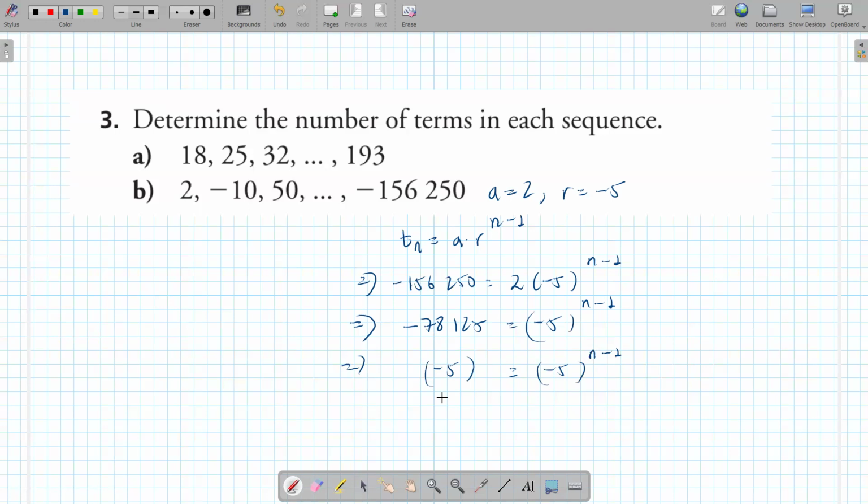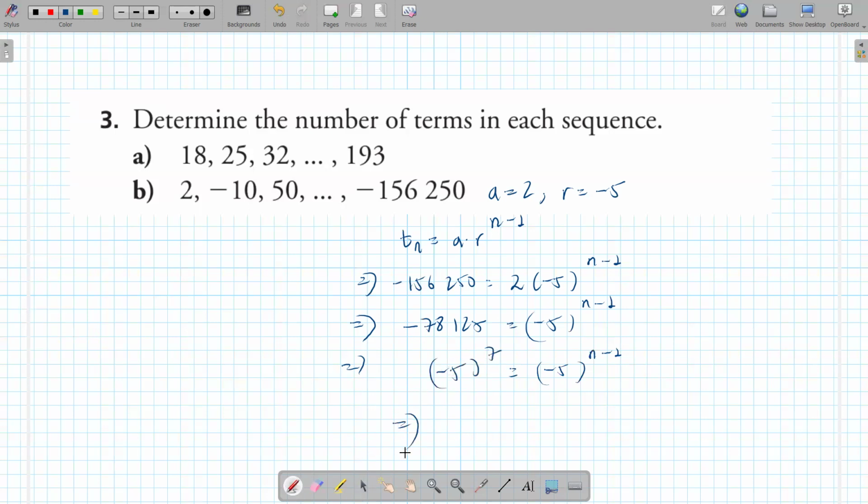Sorry, it must be an odd number up here. If this was even, then you would always get a positive expression. But this is negative, so we know that number is odd. So let me do -5 to the power 7. And that's exactly what it is. So -5 to the power 7, like that.